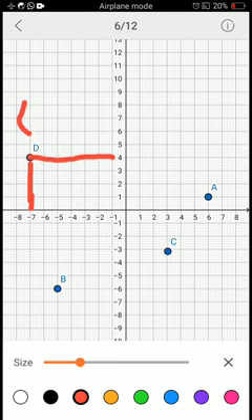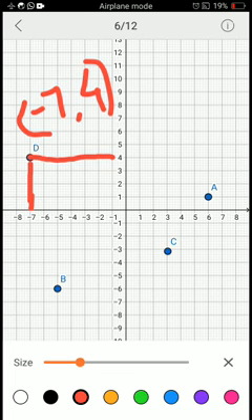Now see, what should be my x coordinate? It should be -7 since it is left of the origin. Then what will be my y coordinate? It will be 4. Is it easy? So what is the coordinate of D? (-7, 4). Is this clear?